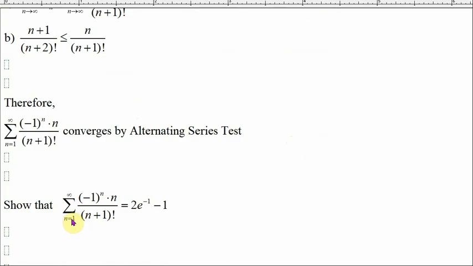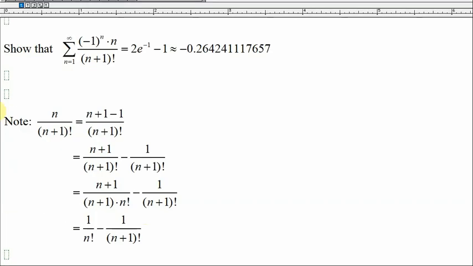And now we need to show that it converges to 2e to the negative 1 minus 1. And so the expression n over (n plus 1) factorial, we can rewrite as (n plus 1 minus 1) over (n plus 1) factorial.